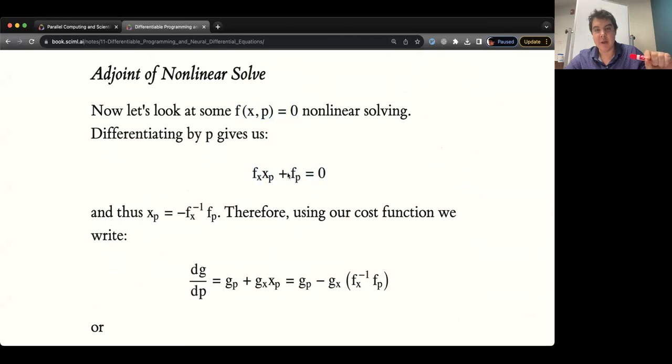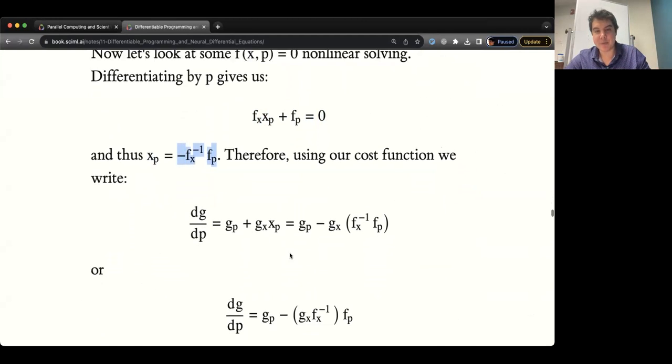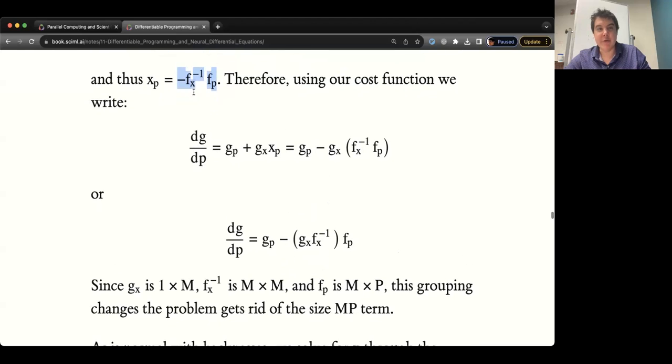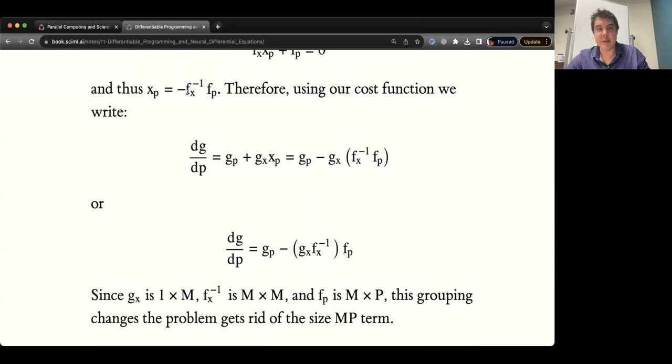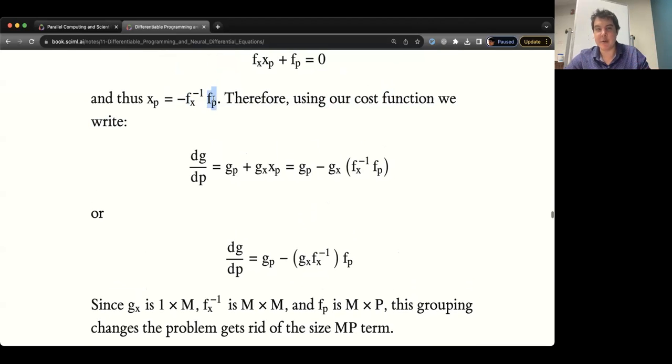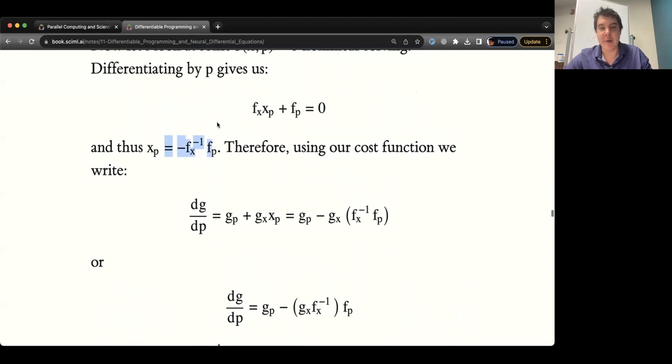And if you then move things aside and solve, you get that the derivative of the solution with respect to p is computed like this. If you look back at the equations that we've written down, this is the inverse Jacobian that shows up from Newton's method, and this is then just the derivative of the g, so the y term, with respect to p. So it's exactly the same as the 1 step of Newton's method.